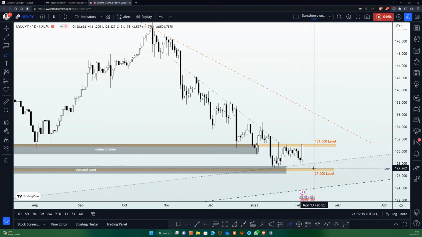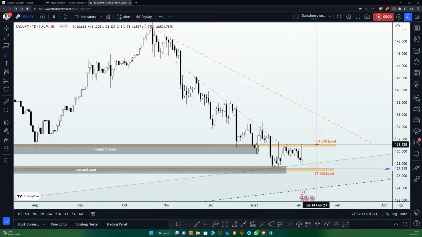To make things a little clearer, as we prepare for the New York session and the new week, let us look at the 4 hours time frame, where we want to look at the simple setup I was able to identify, and I think we can use this setup to guide our trading activity for this week.